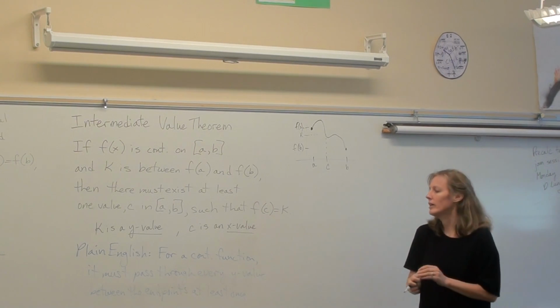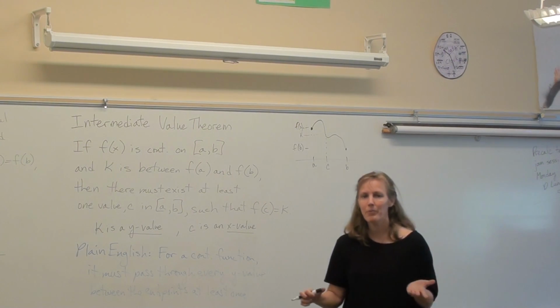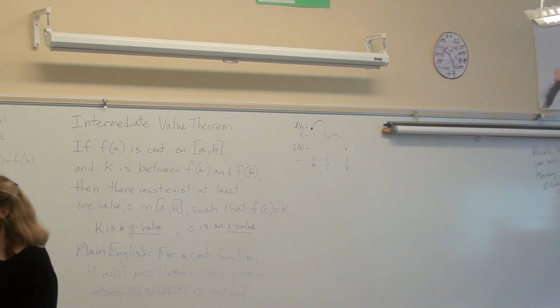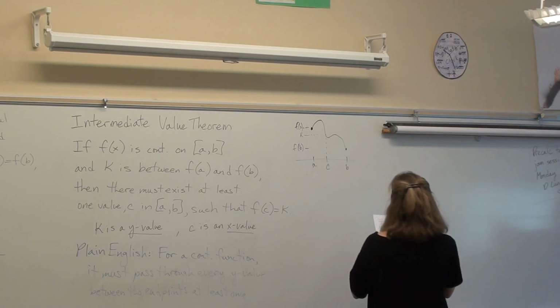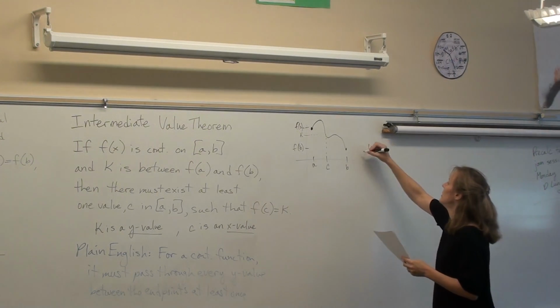Okay. All right, so first types of problems that we're going to do are in your homework quite a bit. And here's what they say. So here's our first example.